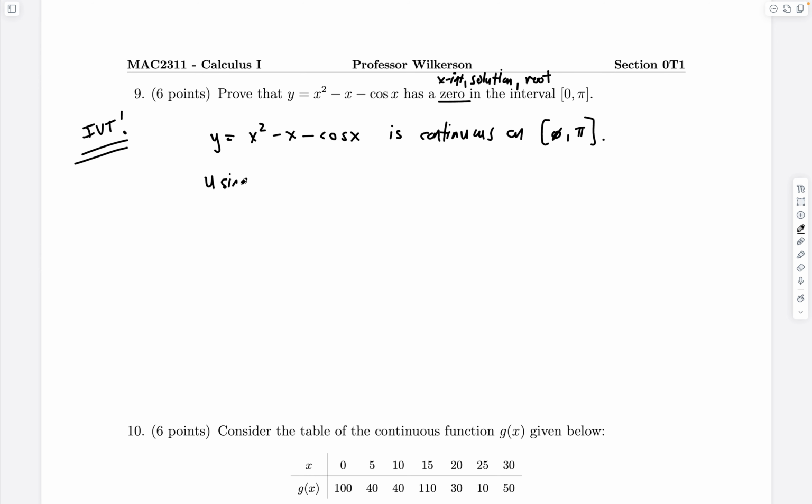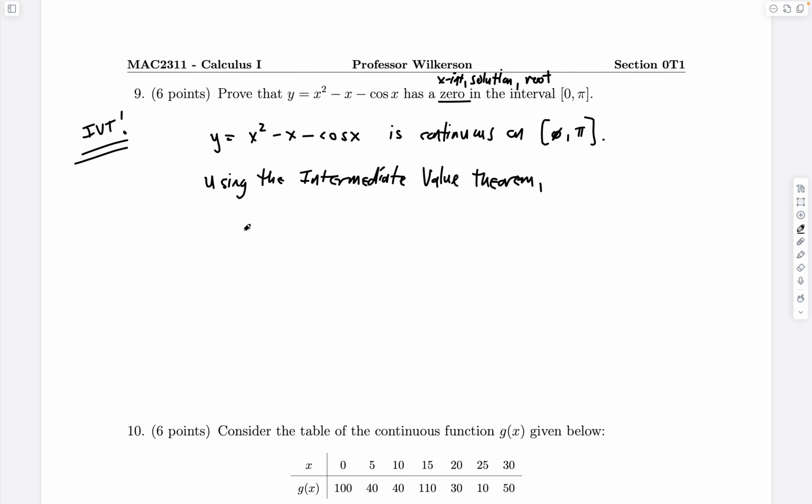So then I can say, using the intermediate value theorem, and remember the wording you might have is slightly different than mine, we're going to use the intermediate value theorem knowing that my function was continuous. I now need to show that the height I'm looking for is between the other two heights that I get from plugging in the two endpoints.